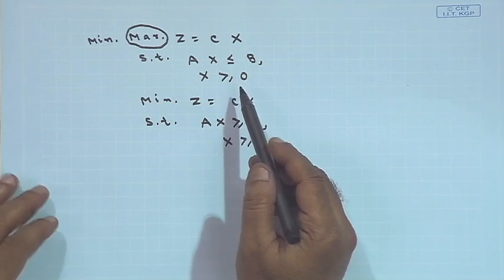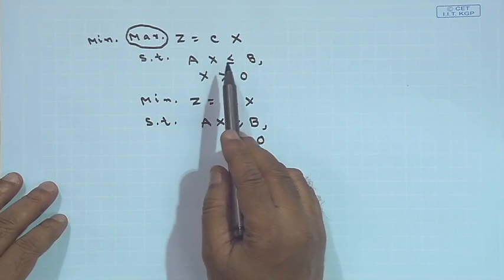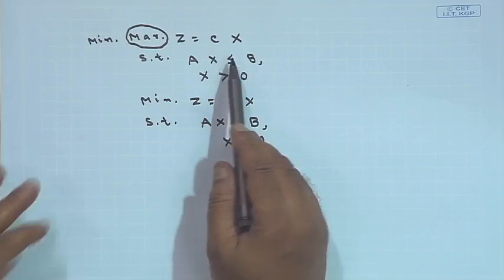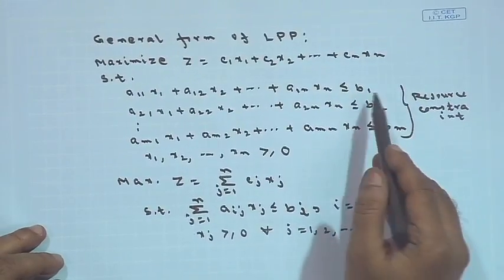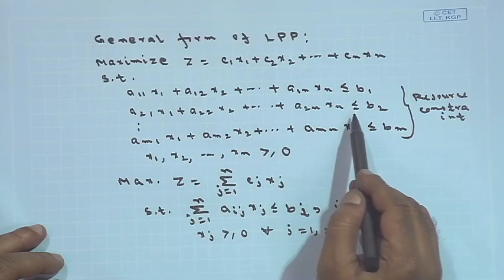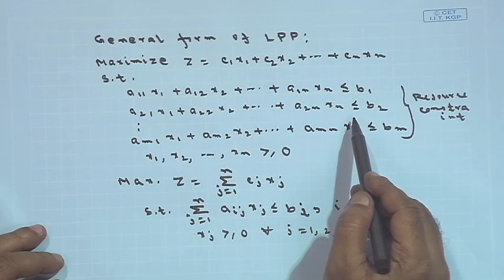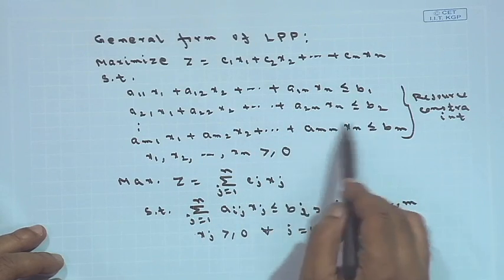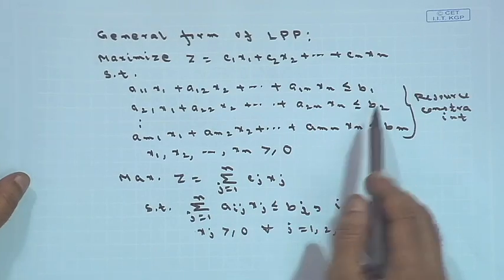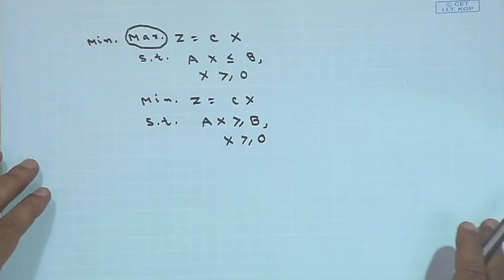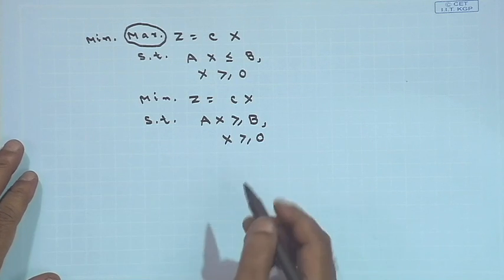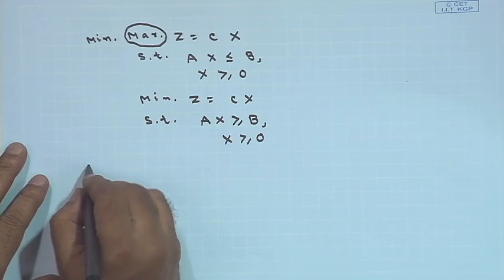If you see in LPP, basically here we have m equations and n variables. I have to find the solution of these n variables which will satisfy the constraints. So, in standard form we can write two things.